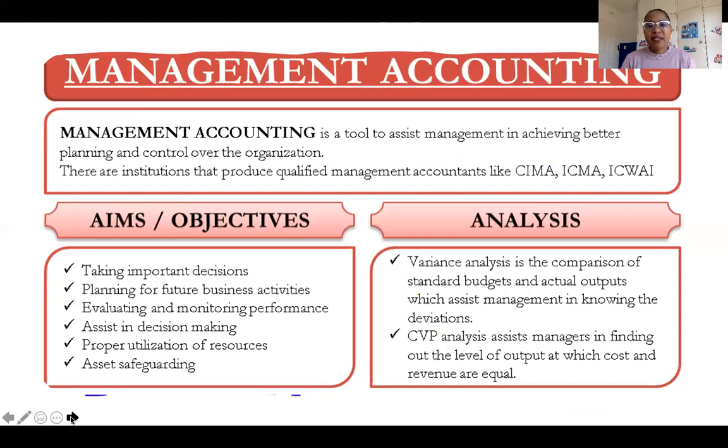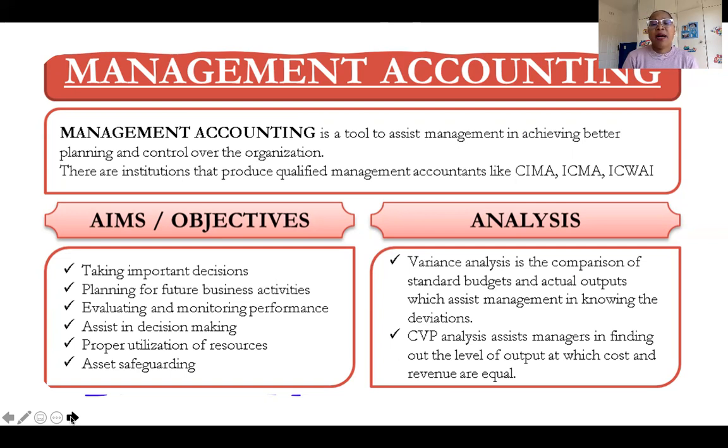Management accounts are a tool for management to achieve better results, better control, and better planning. There are several accounting professions: CIMA, ICM, ICWAI, a whole list of them that are specialists in this. I personally am not a management accountant, but more a CPA or a CA. CPA in the US is what they call them, but in South Africa, we call them chartered accountants.